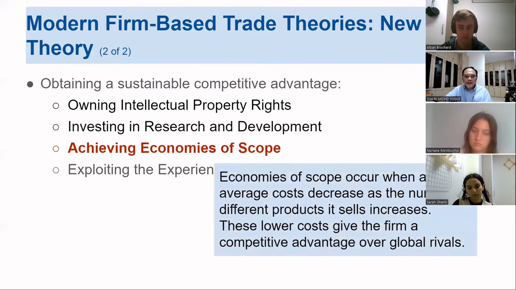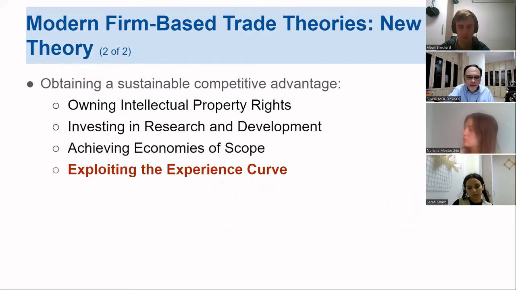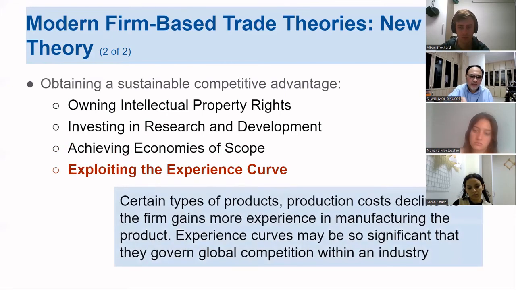Right, and so this is actually scope and exploiting the experience curve. Okay, experience curve. Another source of firm-specific advantage in international trade is exploiting your experience curve. For certain types of products, production costs decline as you gain more experience in manufacturing the product.